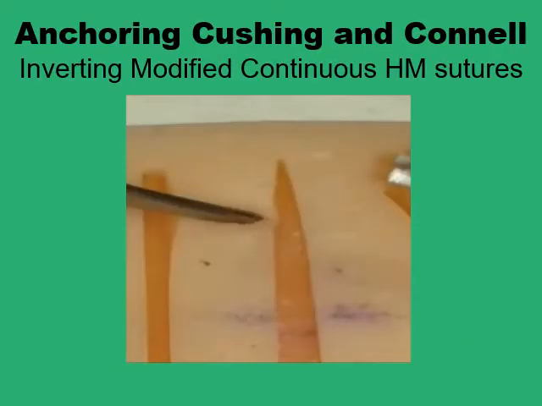The Cushing and the Connell sutures are almost identical, except that the Connell suture would pass through the mucosa into the lumen, whereas the Cushing would not pass through the mucosa. Both of them are just a modified horizontal mattress suture with a continuous pattern.